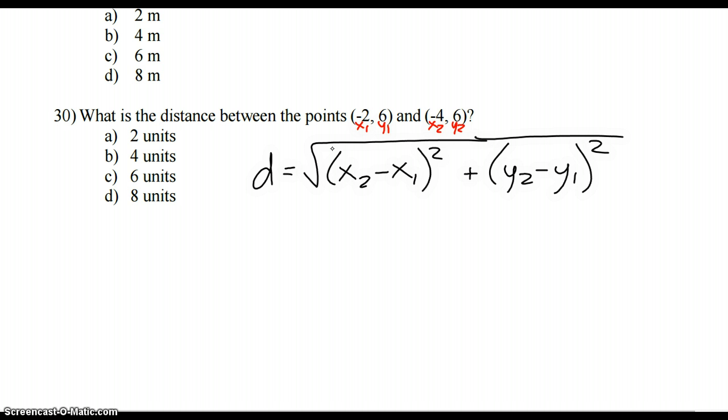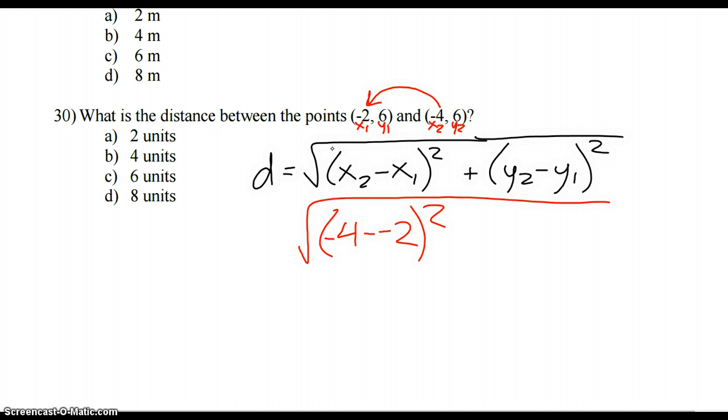So I just take my x values, so I go -4 minus -2. Plus, now I have to go the same direction, 6 minus 6. That one's nice. Just get 0. All right, so next step then, I would figure this out.